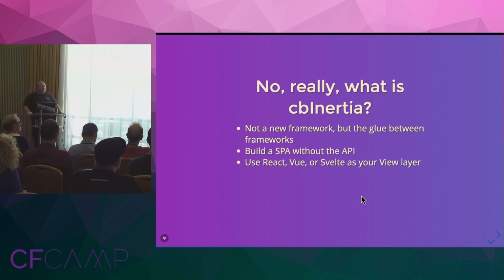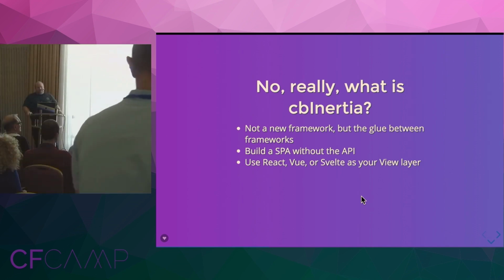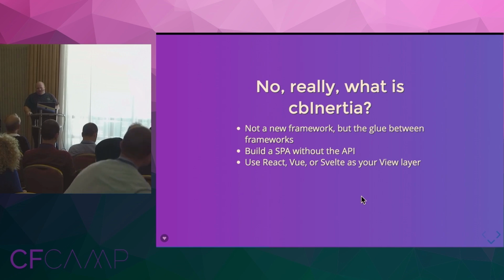It's less of a new JavaScript library and more the glue, the protocol that lets your server and your client talk to each other without having to write a formal API. Another way I like to think about it is you're going to replace your Vue layer, all your templates, with your favorite JavaScript templating language, be that React, Vue, Svelte, or others.